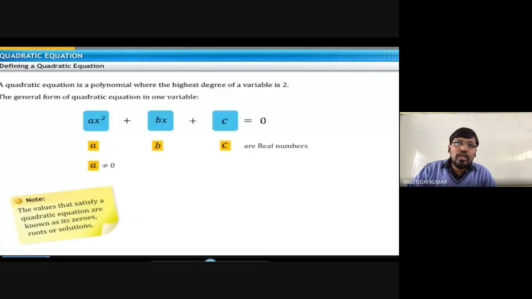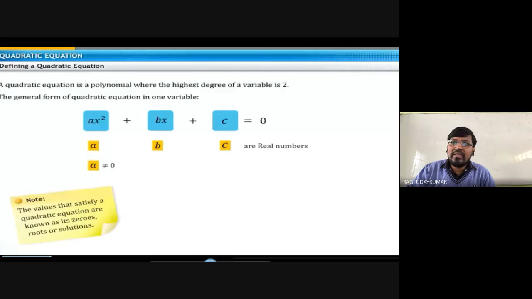And note that the values that satisfy the quadratic equation are known as zeros, it is given, but it is wrong. Zeros will be called only in the case of a polynomial. Do not say zeros here, sorry, it is wrong in the note point.